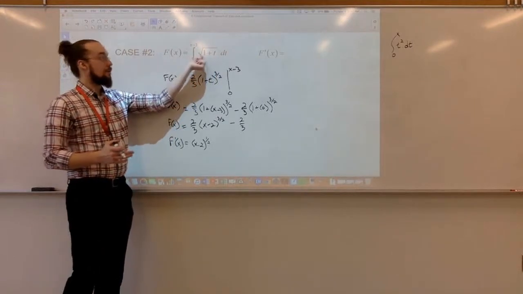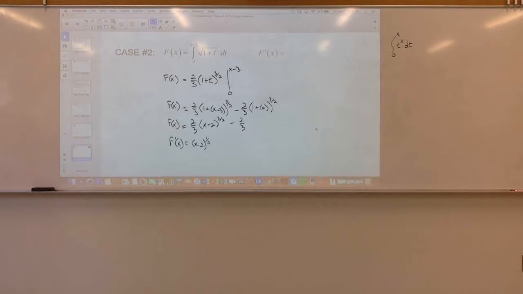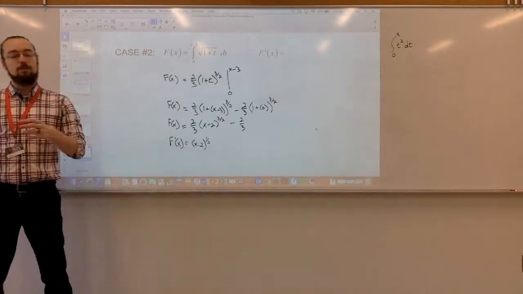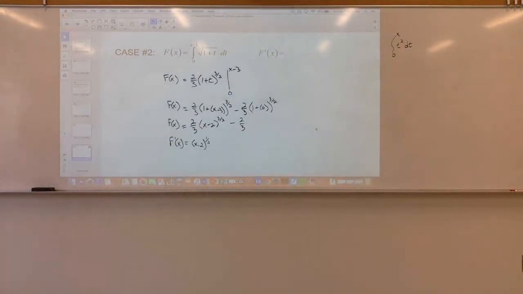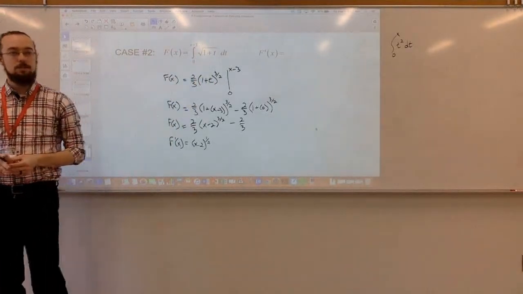And I got the square root of 1 plus x minus 3, which would be x minus 2. So we got the square root of x minus 2. The derivative undoes the integral, and we end up with just this function, plugging in this x minus 3.